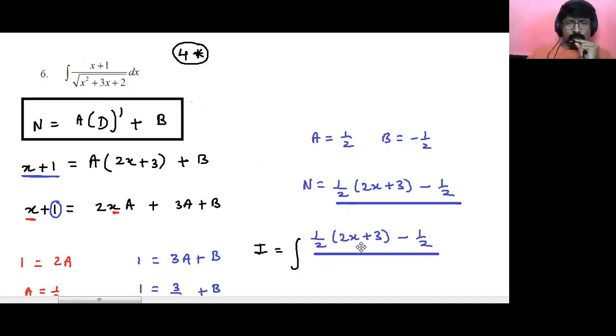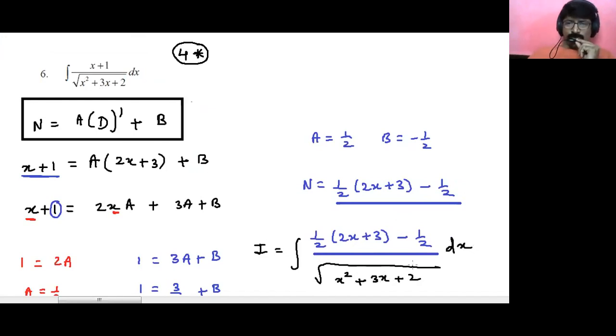That is the numerator. And what is the denominator, guys? The denominator is this only, root of x square plus 3x plus 2 dx.